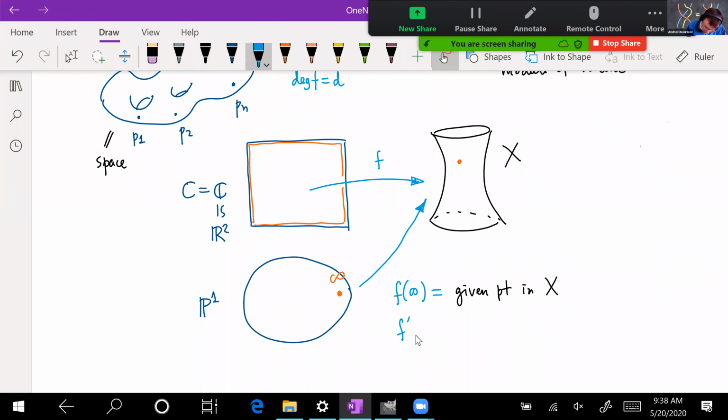It means f prime of infinity is not zero, non-singular, finite. So not only does it take this value, it takes this value in a differentiable way.